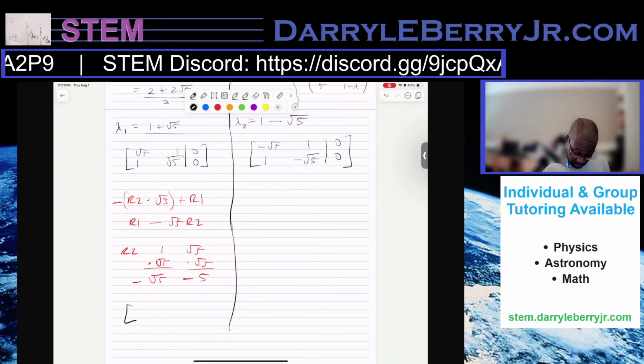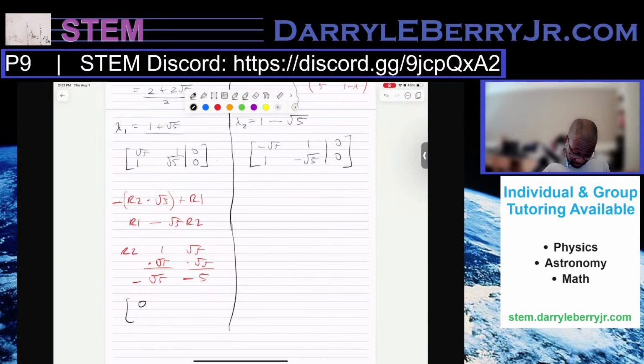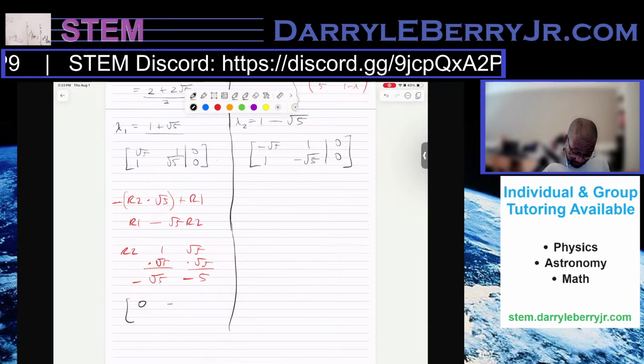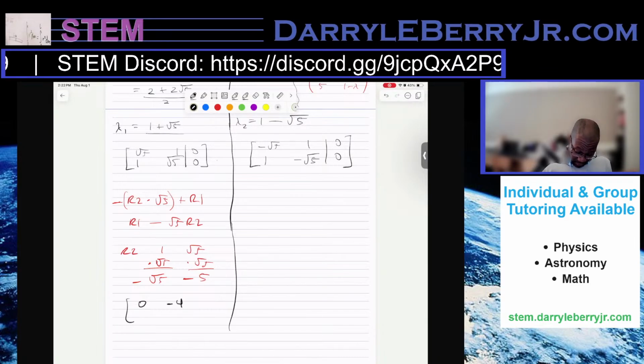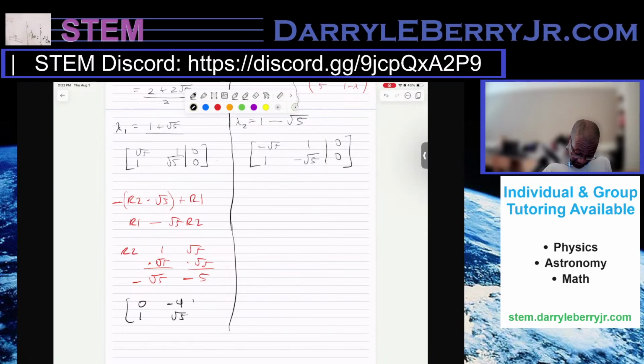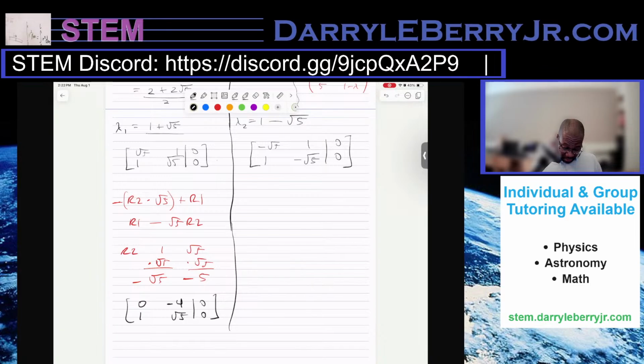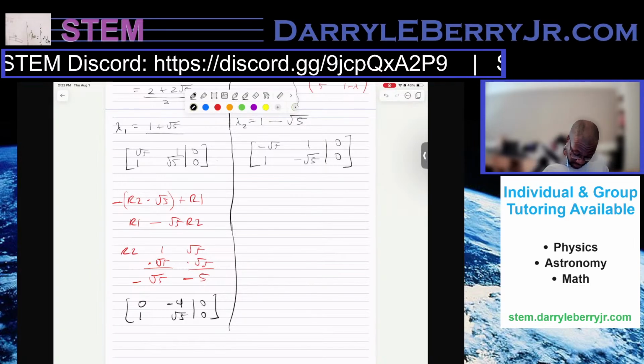So square root of 5 minus square root of 5 is 0, and 1 minus 5 is -4, and this is going to be still 1 and square root of 5 and 0, 0. So that's how that works. That seems strange, but it works out.